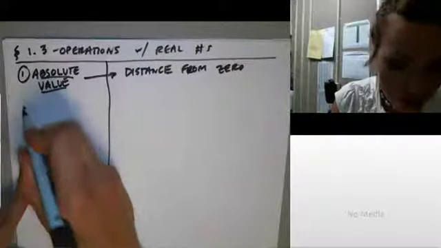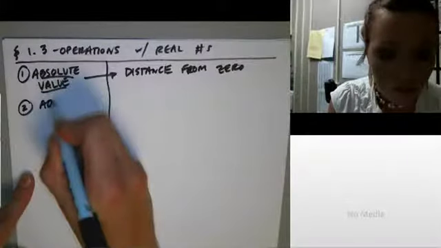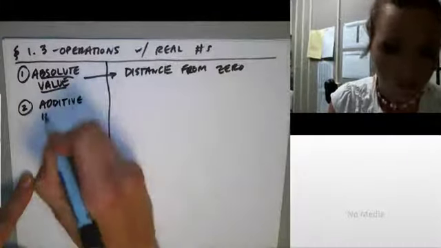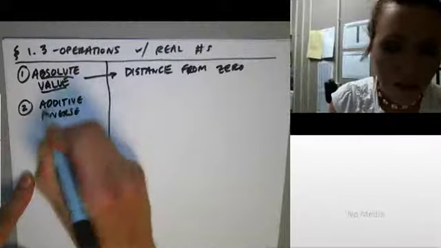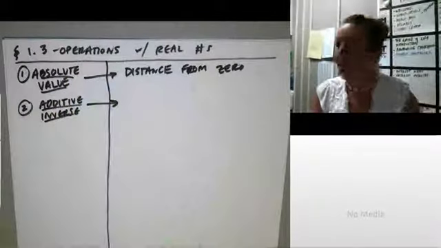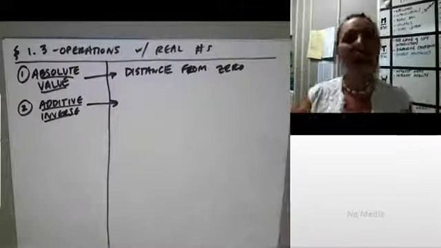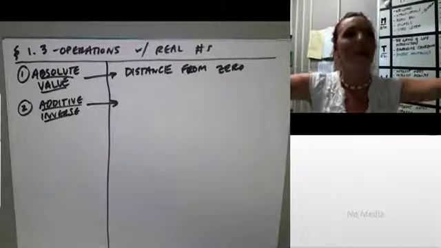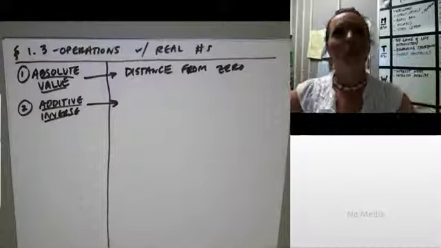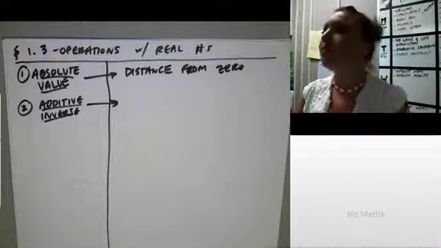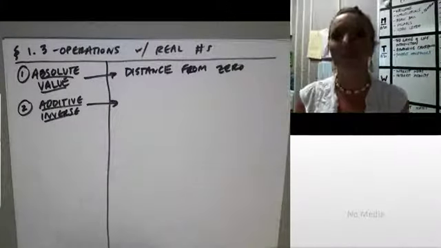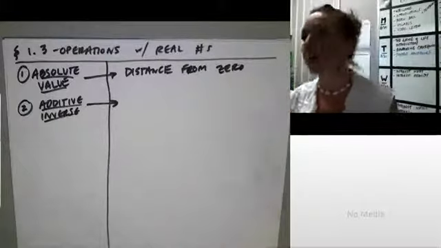Another thing that we want to review is additive inverse. Okay, so think of additive inverse as a number or a term that you can add to another one to zero everything out. So in other words, the additive inverse of 15 is negative 15, because 15 plus negative 15 is 0.